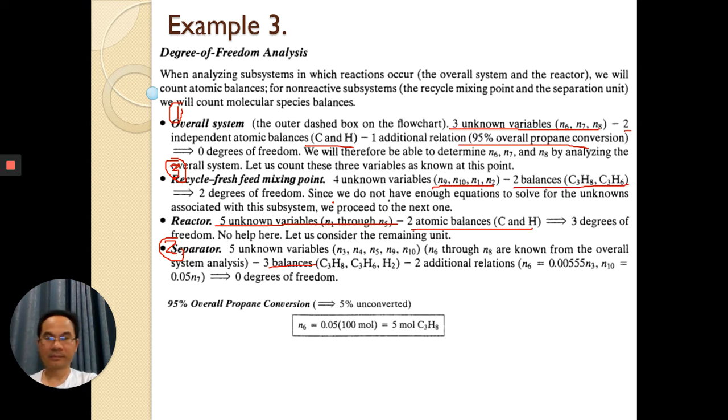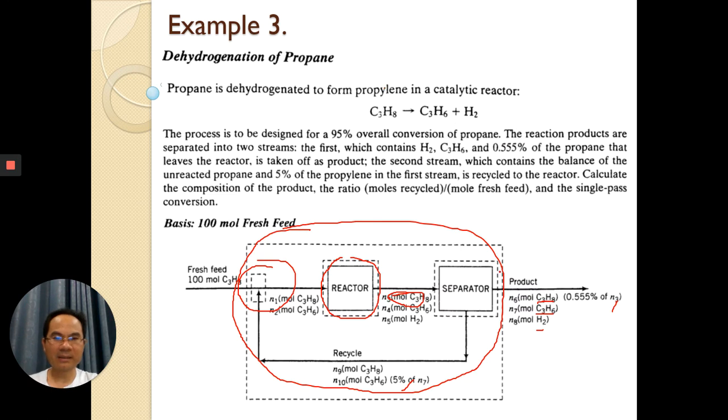Okay, for this case, the steps to solve the unknowns. The first step, we consider the information. The information we know before the overall balance is that the overall conversion of propane is 95%. What does it mean? It's 95% propane converted and 5% propane unconverted. That means you can calculate N6.